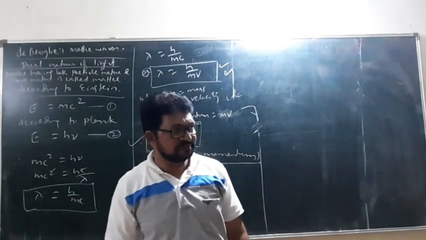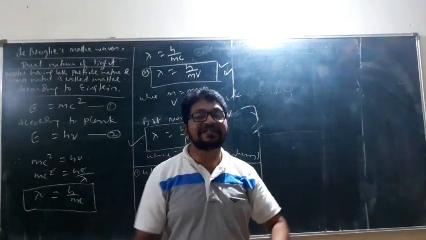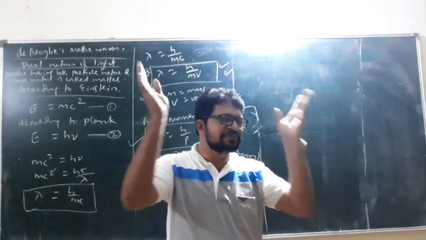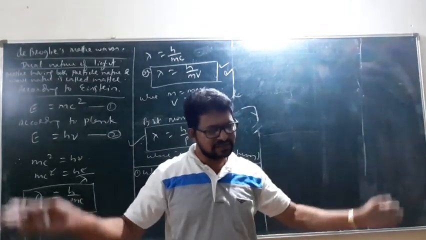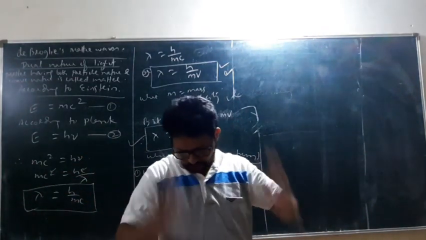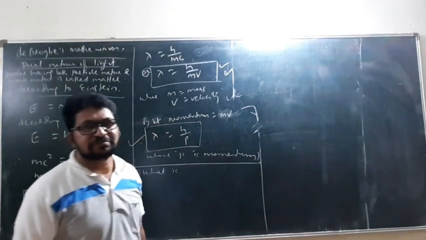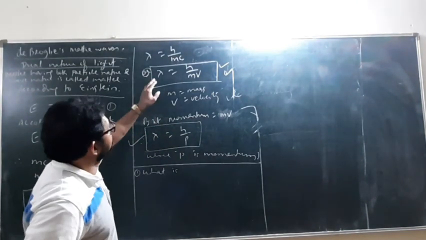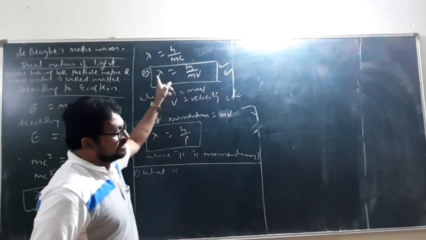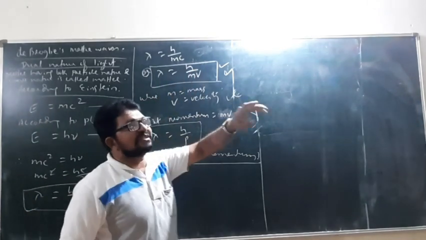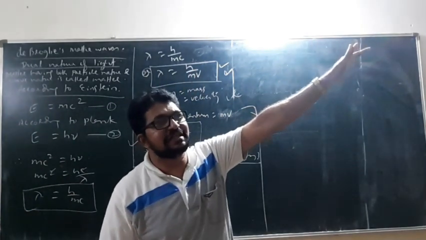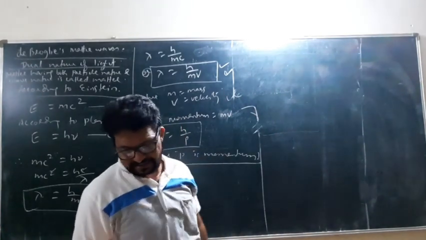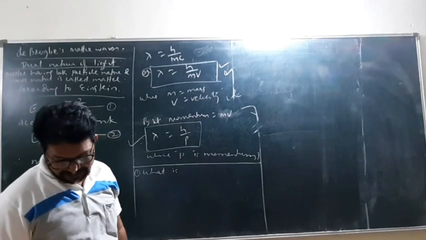That means wave nature decreases. Wavelength decreases means radio wave is the best wave. Gamma rays are the short waves. They are more like particle nature. So as mass increases, particle nature predominates. As mass decreases, wave nature predominates. That you should know regarding mass.